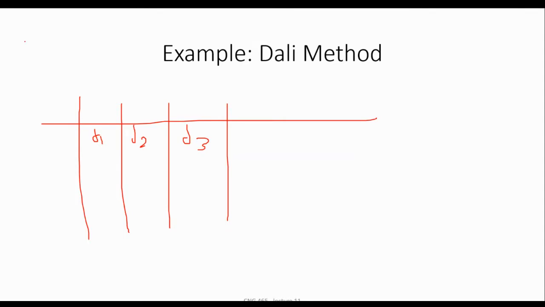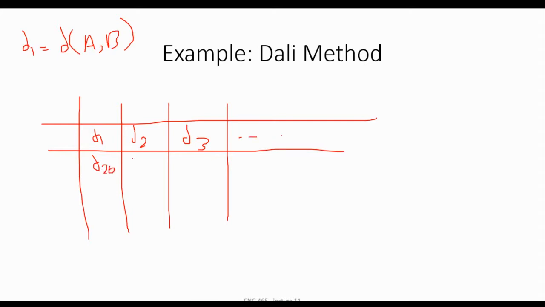When I say D1, for example, D1 is equal to the distance between a specific entity and another one. Okay, so you have such a distance matrix. Let's say it continues. Here I have maybe 20 and so on.